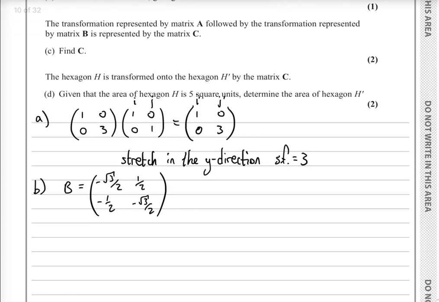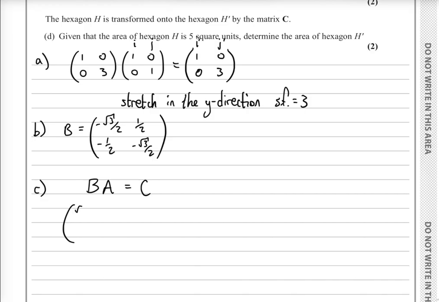Part C, the transformation represented by matrix A followed by, so A is first, followed by means it goes on the left. The transformation represented by B is the transformation C. Find C. So as long as you get this in the correct order, we're doing a matrix multiplication.